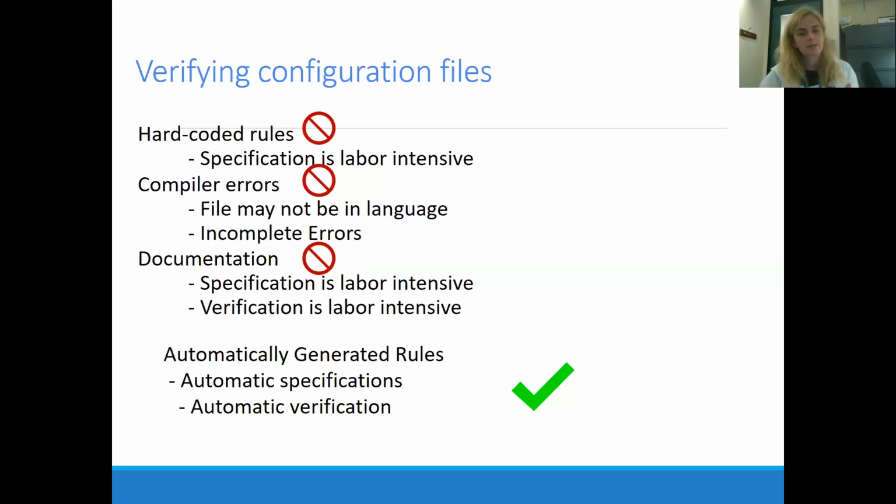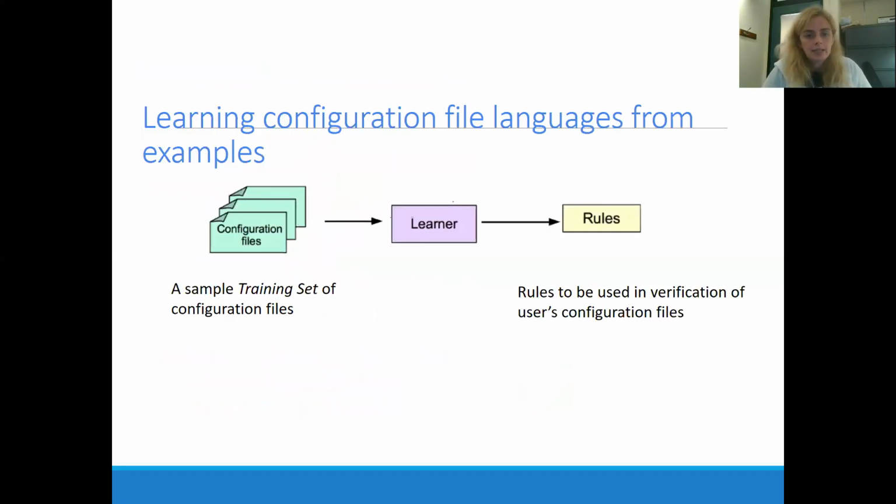Once we have this specification, we can apply standard verification techniques: we take new configuration files and check whether they correspond to the given specification. How we do that is the following. We take a large number of existing configuration files, then we learn the rules.